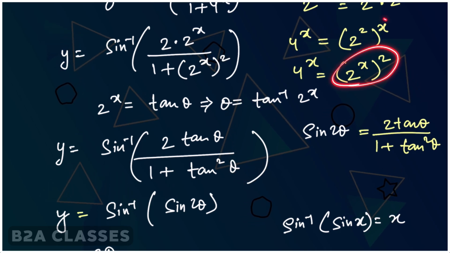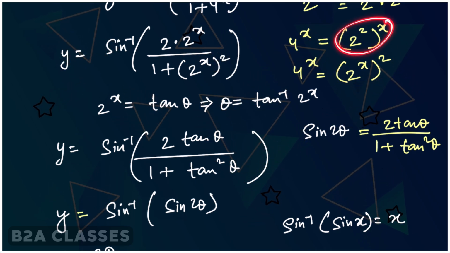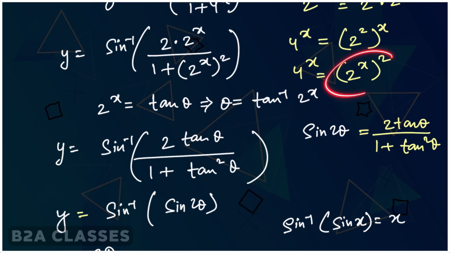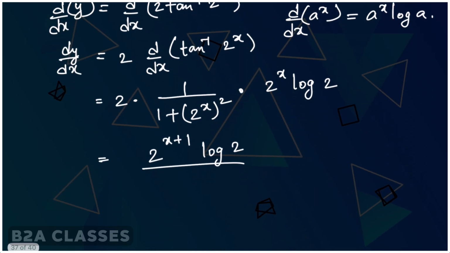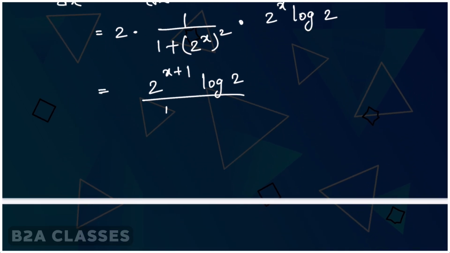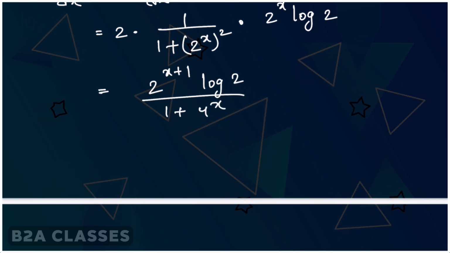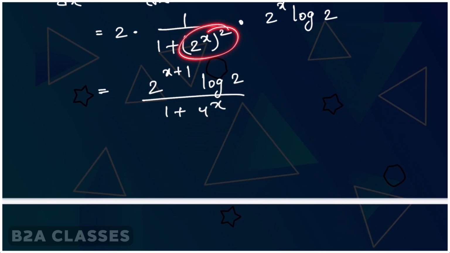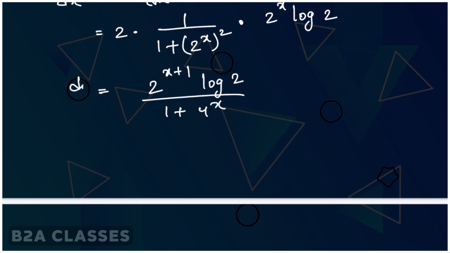We can write this directly as 4 power x. So 1 plus 4 power x. So in its place we wrote 4 power x. So this is dy by dx.